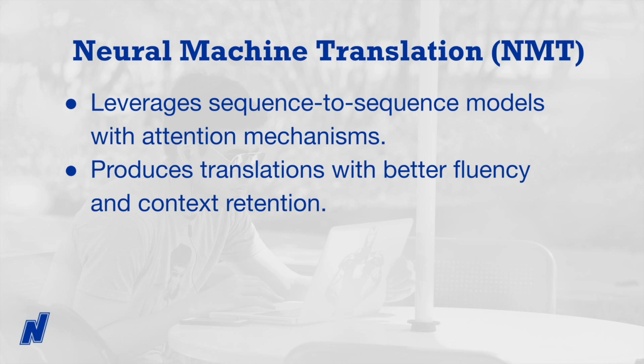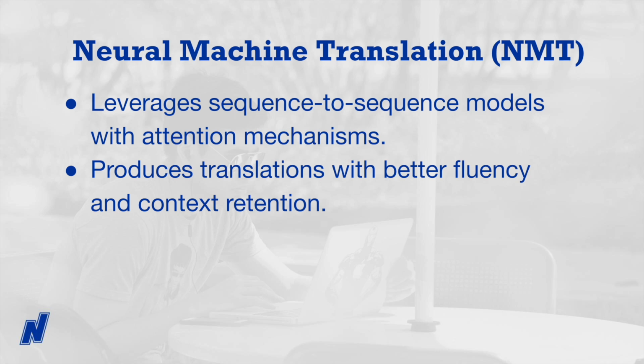Neural machine translation uses deep learning models to generate translations that are contextually aware and fluent. At the core of NMT are sequence-to-sequence models, which use an encoder to process the input text and a decoder to generate the output text. NMT's use of attention mechanisms was a game changer.